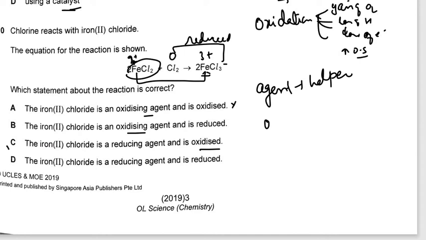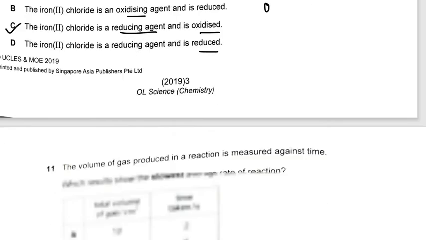So it should be option number C. Now option number D, iron chloride is the reducing agent and it is reduced. It is the reducing agent, but it is not reduced. It is itself oxidized. That's why it is helping the other to reduce. So option number should be C. Is it correct? Because the chlorine is reducing, this is helping, yes, and it is itself oxidized.